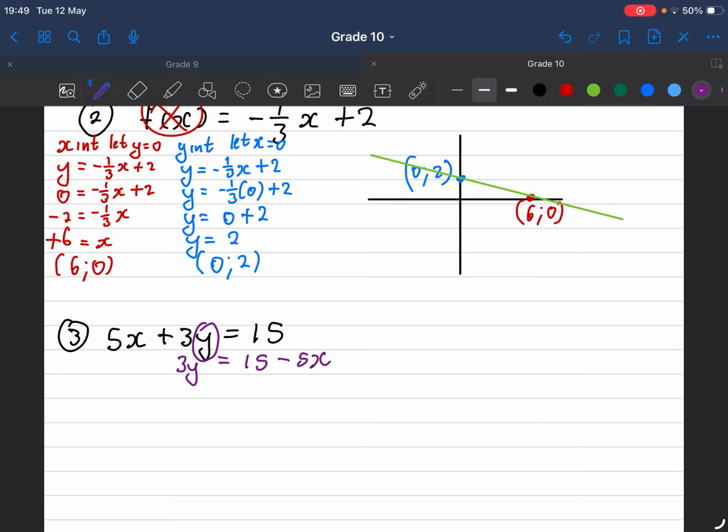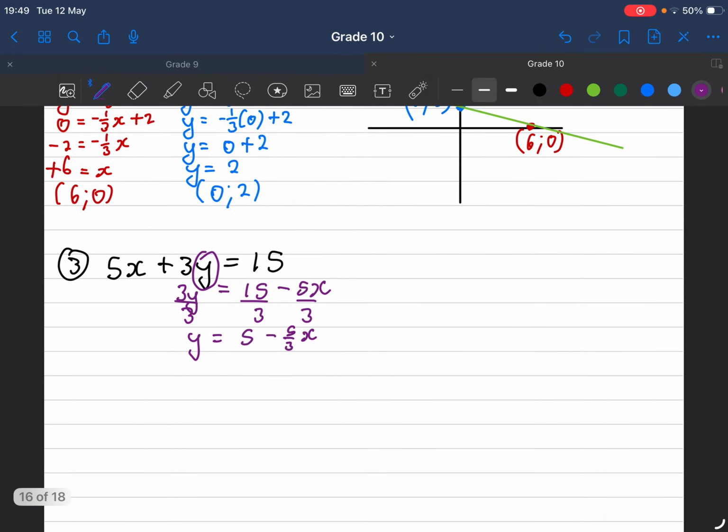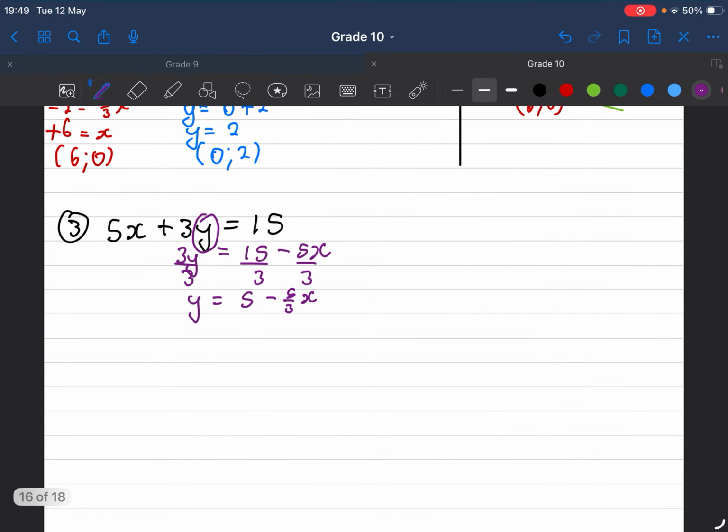So I've moved the 5x across. Then I'll divide all of these by 3. So y is equal to 5 minus 5 over 3x. That's a better equation. It's technically minus 5 over 3x plus 5, but the first one is fine as well.